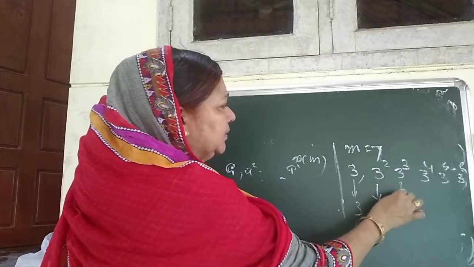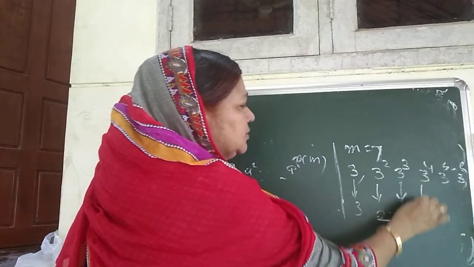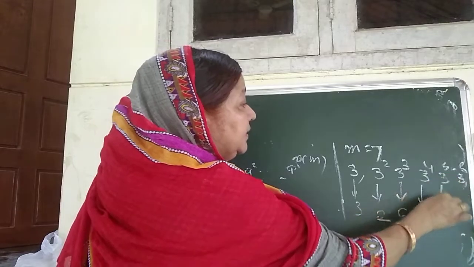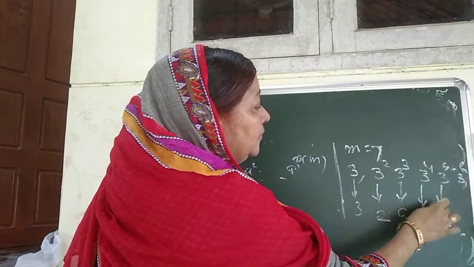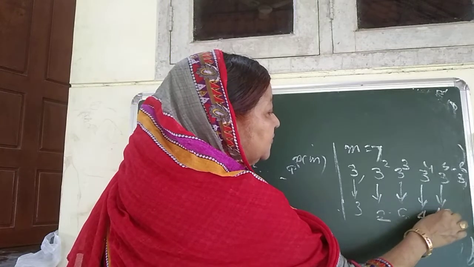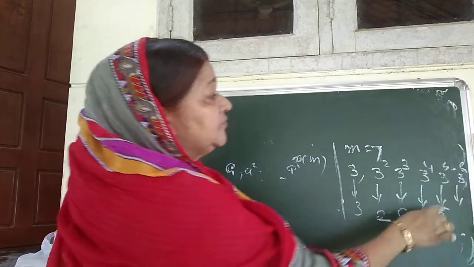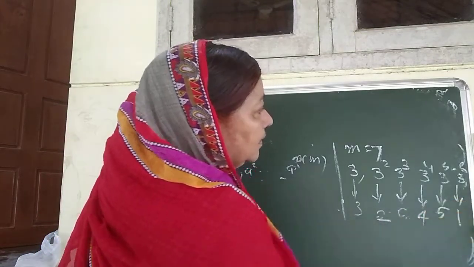Then 3 cube is 2 into 3, that is 6. Then 3 raised to 4, 6 into 3, 18, that is 4. Then 3 raised to 5, 4 into 3, 12, 12 minus 7, that is 5. And 3 raised to 6, that is 5 into 3, that is 15, 15 minus 14, that is 1.